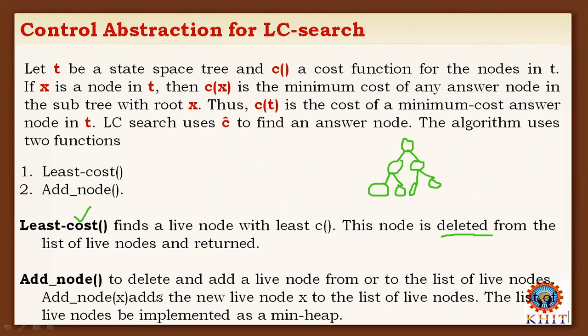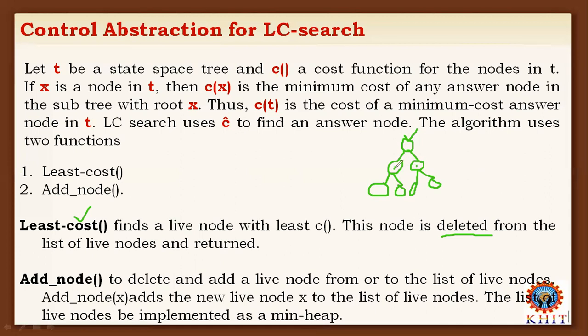Add node of X adds the newly live node X to the list of live nodes. The list of live nodes can be implemented as a minimum heap. That means, assume that this is the root node. The root node has two children nodes, which you can consider as E nodes.